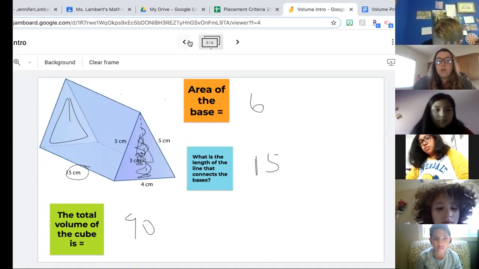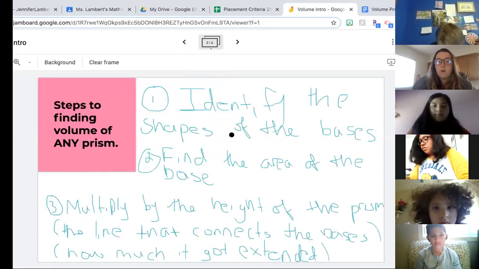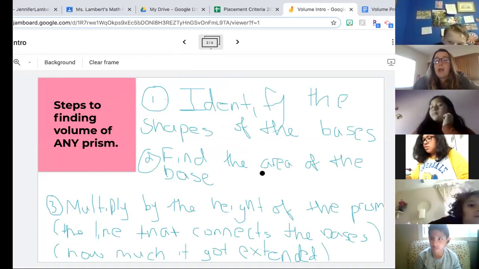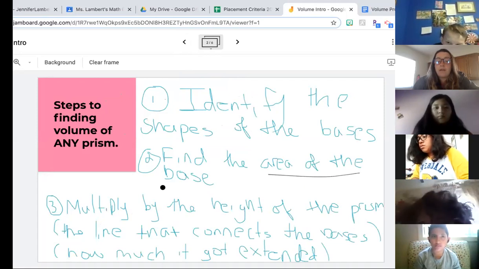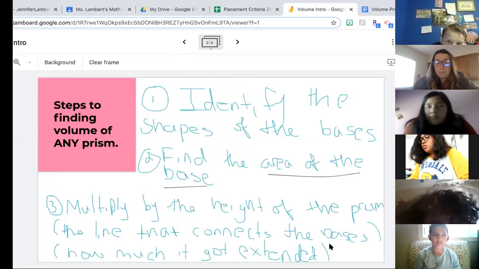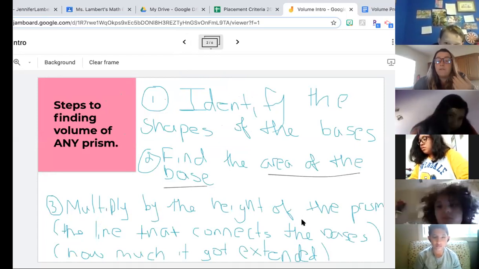So the steps were, we first need to figure out what shape the bases are, then find the area of the base, and not forget about formulas for triangles. Then you need to multiply by the height of the prism.